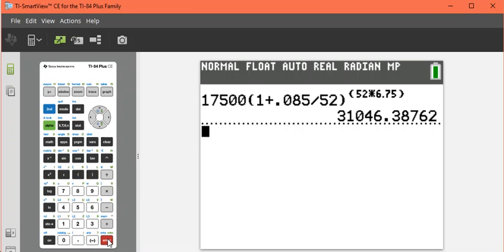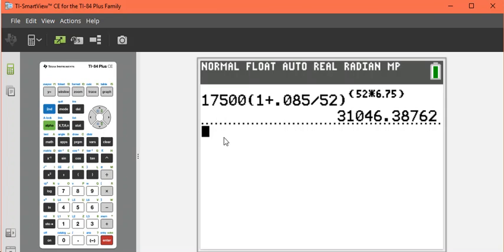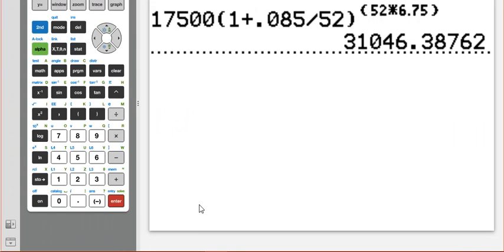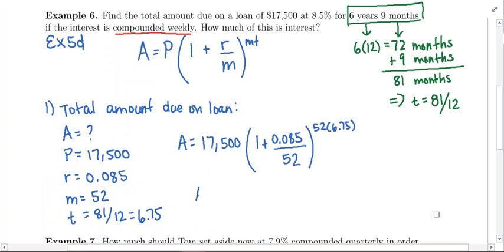Here comes your answer. And remember, we are dealing with dollars and cents, so you're going to have to round this answer to the nearest cent. So let's record this answer. This is going to give us that A is this decimal. Let's round.